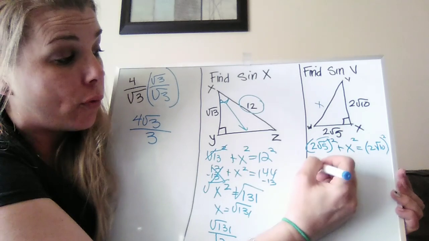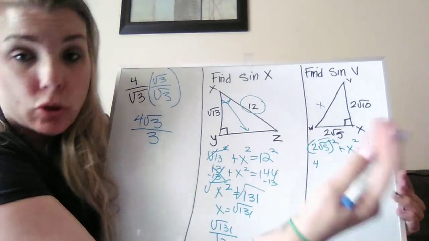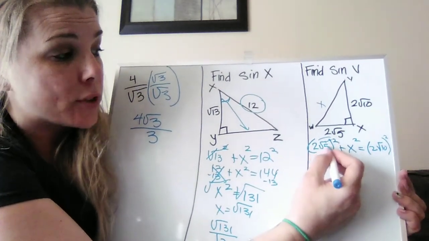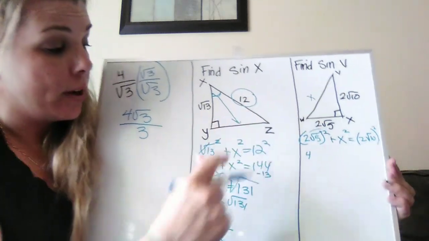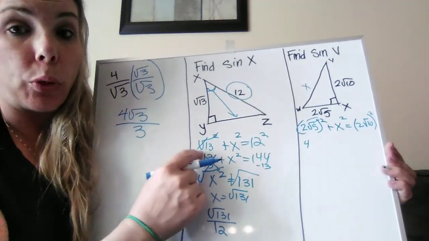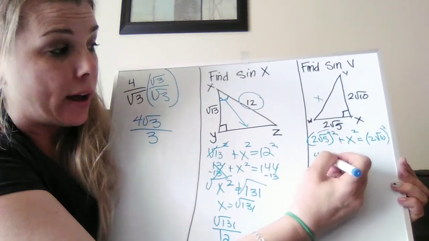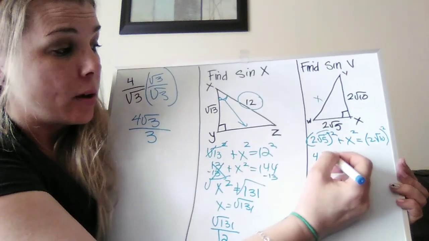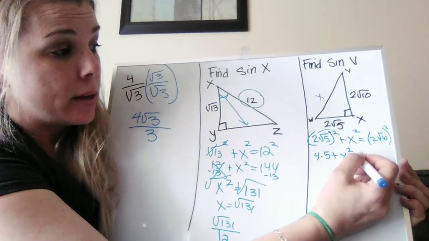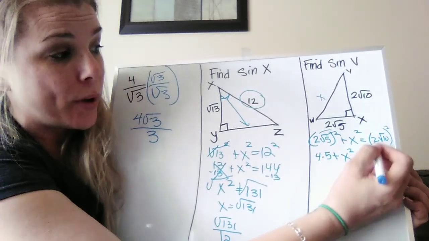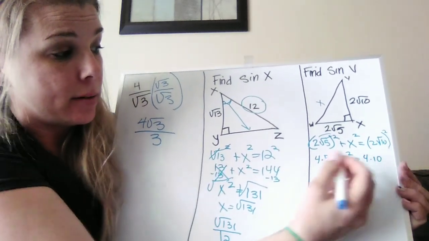So we're getting 4, because 2 squared is 4, but root 5 squared is just 5. Just like we did over here when we had root 13 squared is just 13. Okay? So 4 times 5, that's this one, plus x squared equals, again, distribute, so we have 4 times 10.